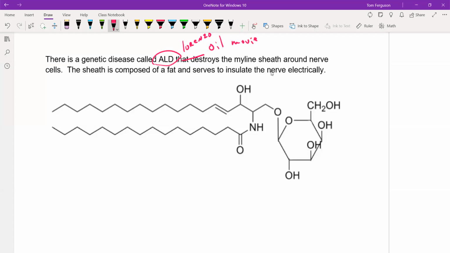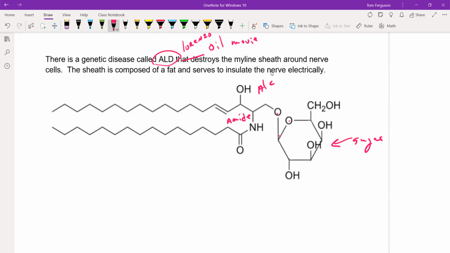Okay, all right. Okay, so here's the molecule. Basically, we got a sugar here. We've got phenylamide again. We have an alcohol, OCO.